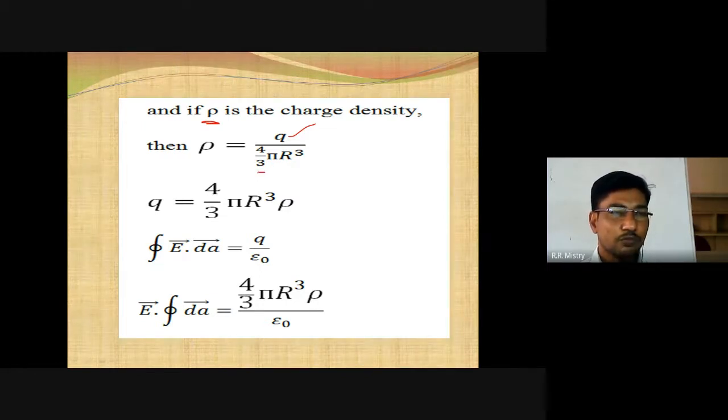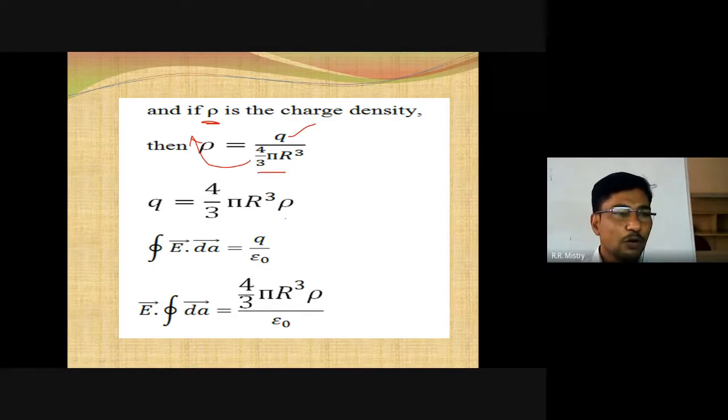Rho, the volume charge density, is equal to Q upon 4/3 pi R cube. Therefore the total charge Q is equal to 4 by 3 pi R cube multiplied by rho.